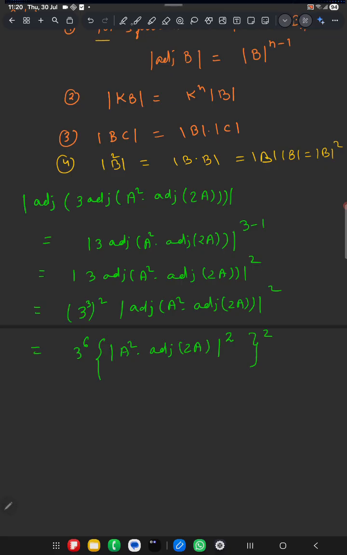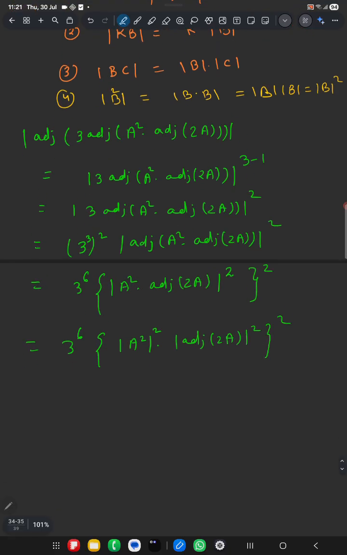So here you will apply rule number 3. 3 power 6, and this bracket, first of all we solve this: determinant of A square and determinant of adjoint of twice of A, and this is square and whole square.